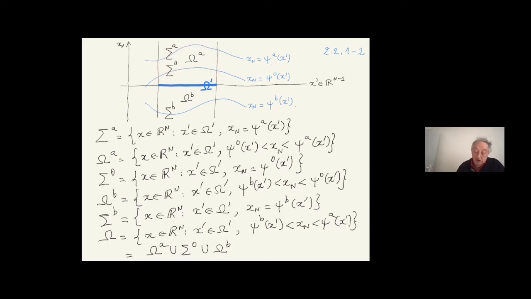So in this way, I have defined sigma A, sigma 0, sigma B, omega A, omega B, and omega will be the union of omega A, of sigma 0, and of omega B. So the set of the points in Rn such that x prime is in omega prime, and xn is between psi B and psi A. So this is this set here.